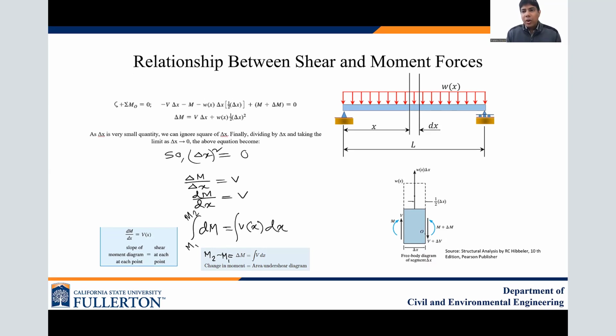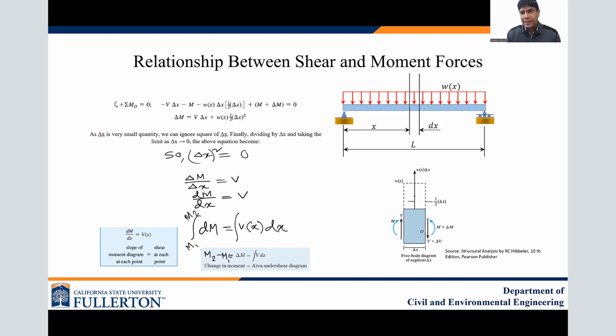Once you simplify, you obtain delta M equal to V times delta x plus W times half delta x squared. As delta x is a very, very small quantity, it's an infinitesimally small element, the square of that quantity is almost going to be 0.